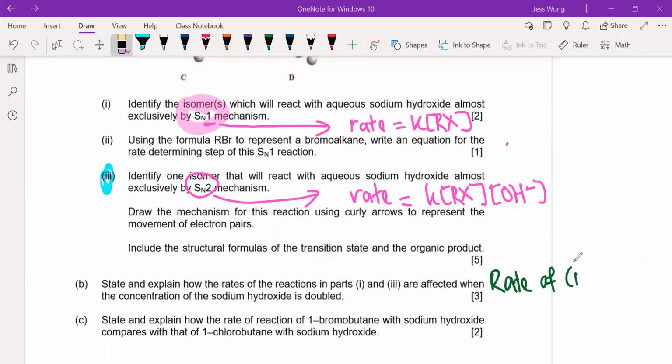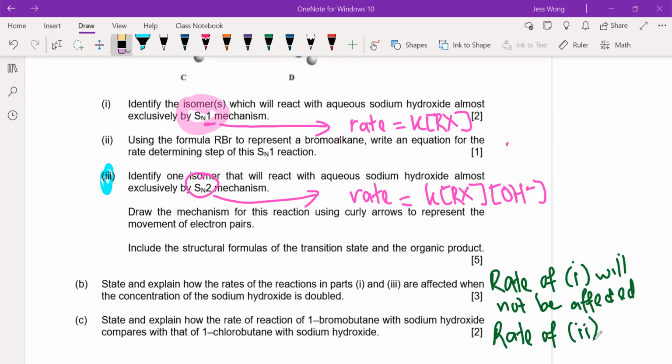While for reaction 2, since you double the amount of hydroxide, the order is first order, so the rate of reaction 2 will also double. Okay, understand? Done.